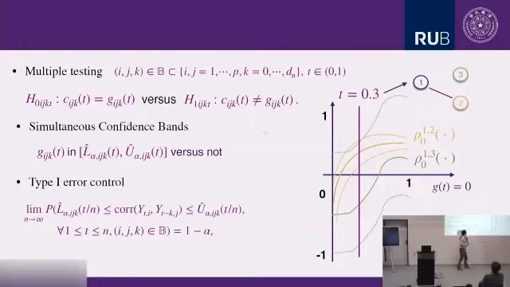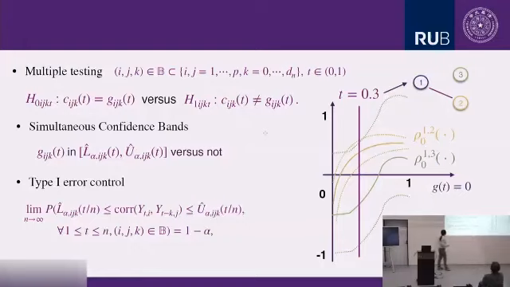For example, here you can look at t equals 0.3, where you have this correlation function and the confidence band, and you can see whether 0 is contained in the confidence band. For the pair between 1 and 2, you can see that 0 is not in the confidence band, so we can connect these two nodes.